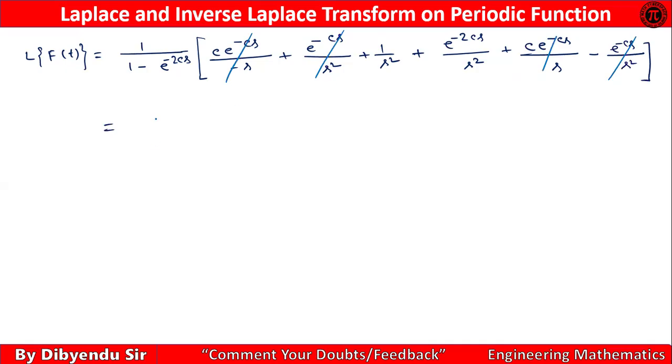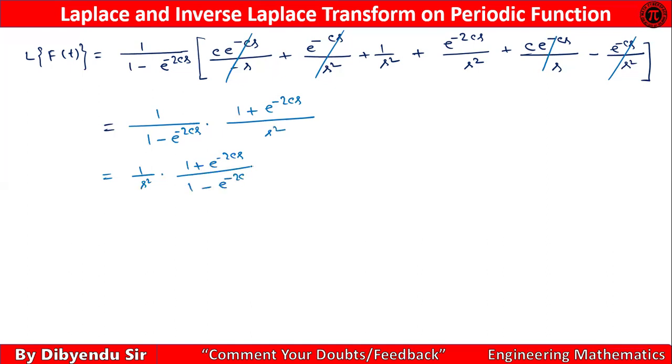So you are getting 1 by 1 minus e to the power minus 2cs into 1 plus e to the power minus 2cs divided by s square. So the final answer is 1 by s square into 1 plus e to the power minus 2cs divided by 1 minus e to the power minus 2cs.